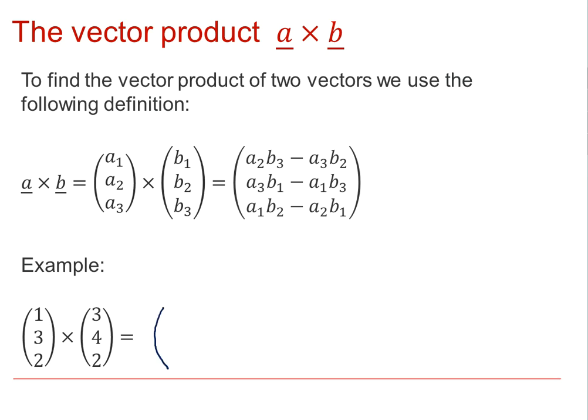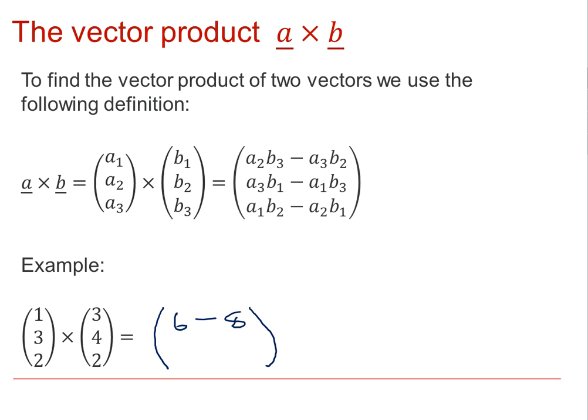So (1, 3, 2) cross (3, 4, 2) will be a2b3, which is 3 times 2 is 6, minus a3b2, or 2 times 4, which is 8.